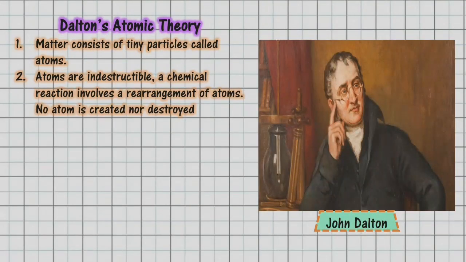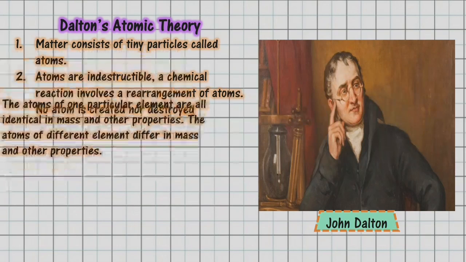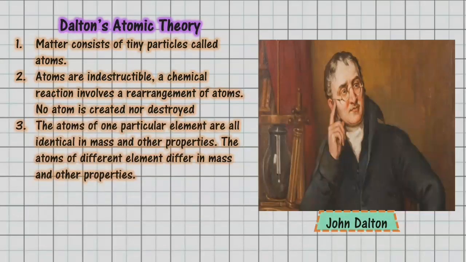Dalton formulated the atomic theory. According to him, matter consists of tiny particles called atoms. Atoms are indestructible. A chemical reaction involves a rearrangement of atoms. No atom is created nor destroyed. The atoms of one particular element are all identical in mass and other properties.